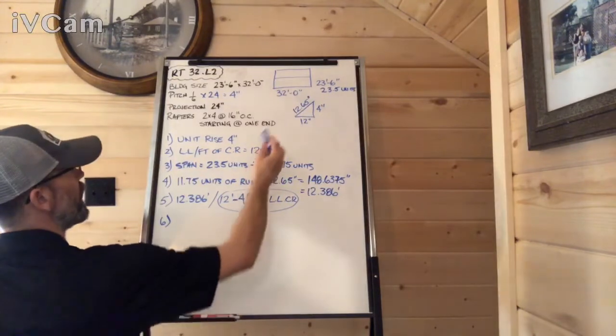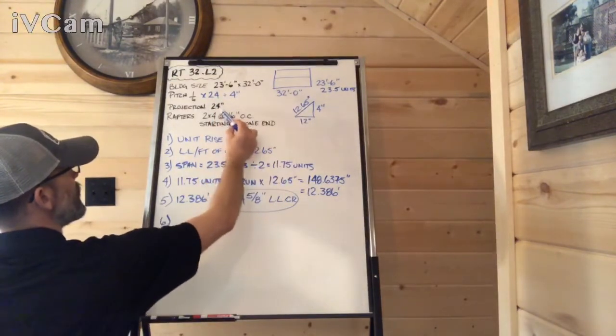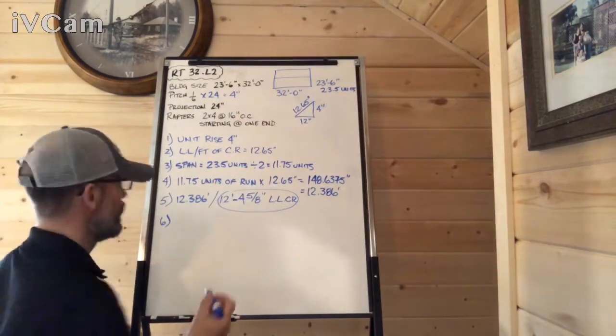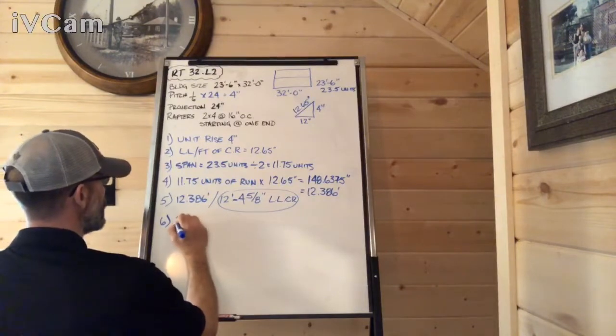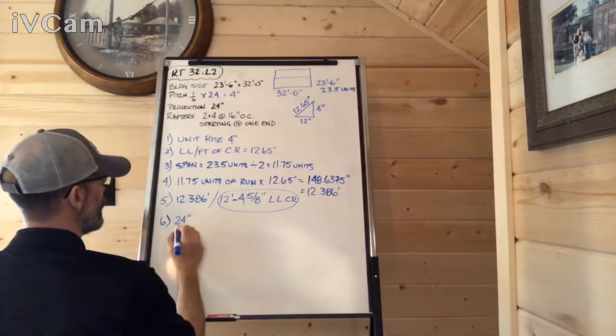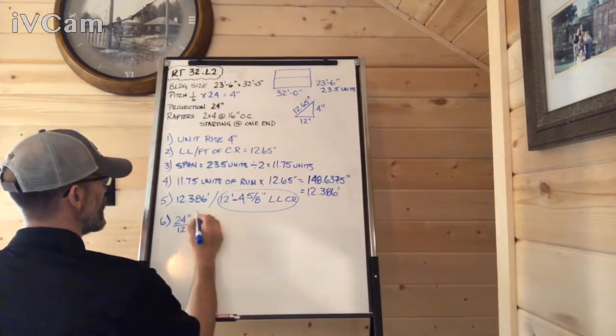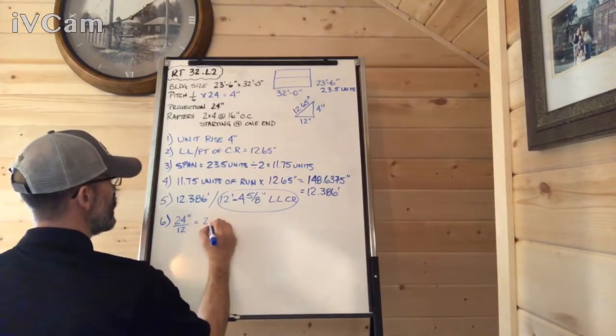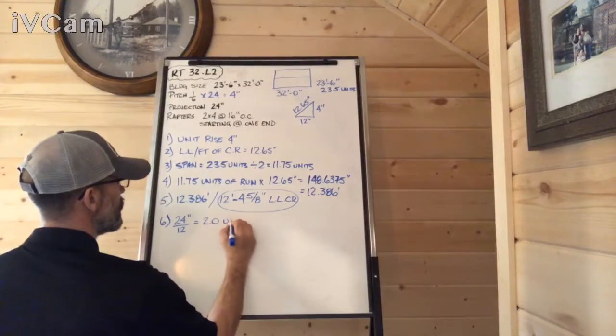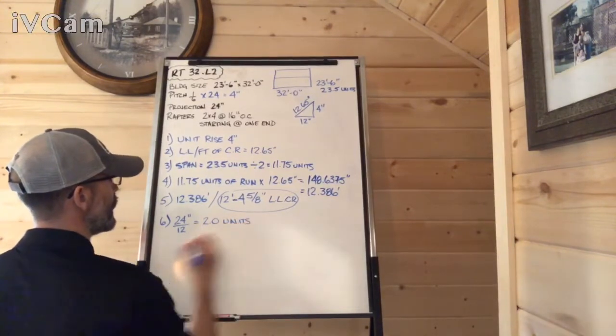Number 6, my projection as a decimal. My projection here is 24 inches. 24 inches, how many units of run is that? Well, I divide it by 12. It gives me 2.0 units.